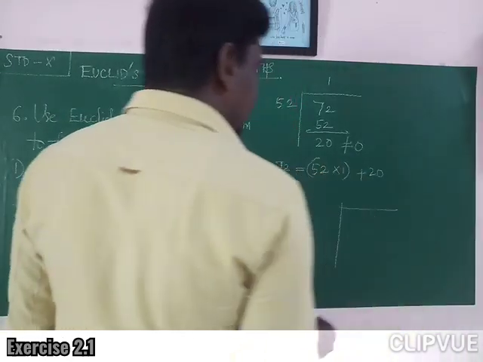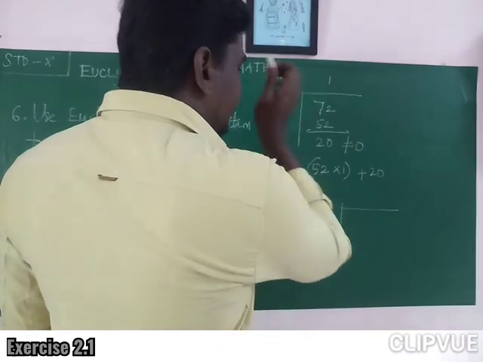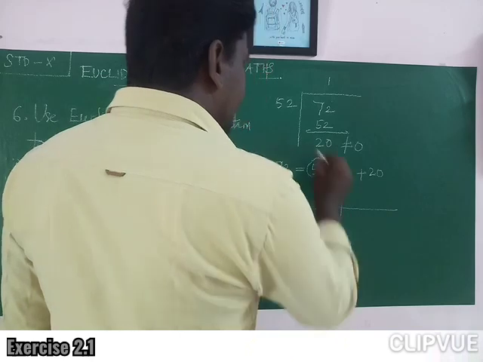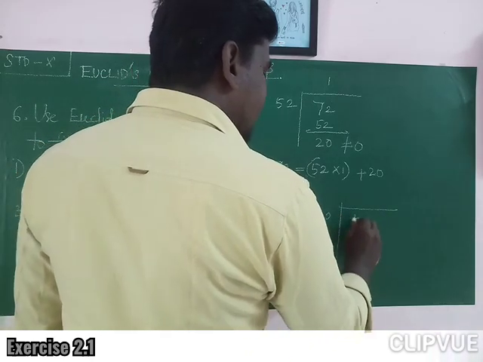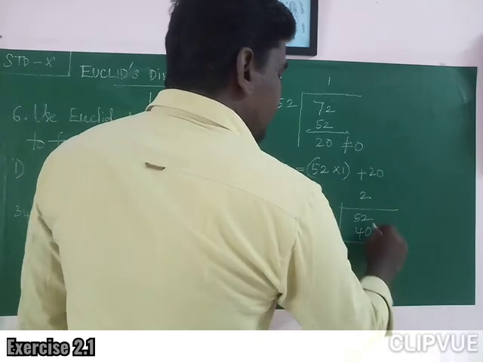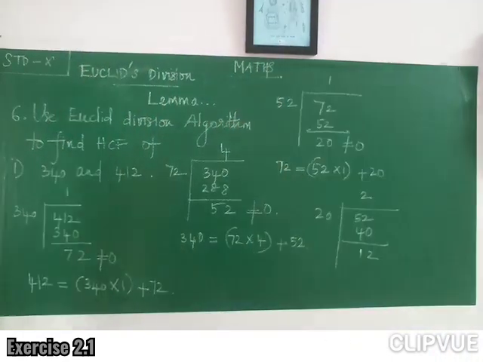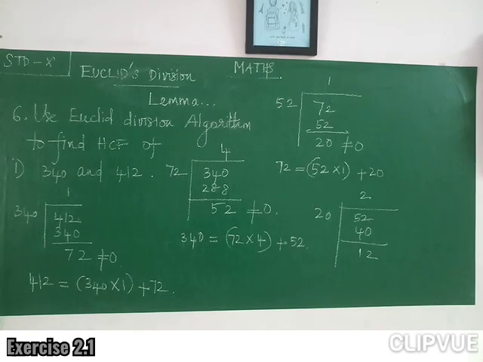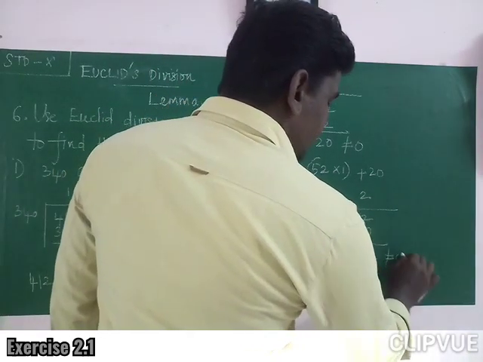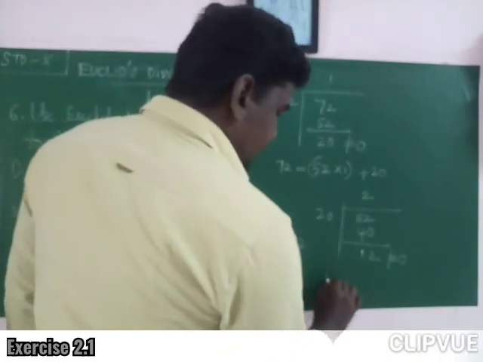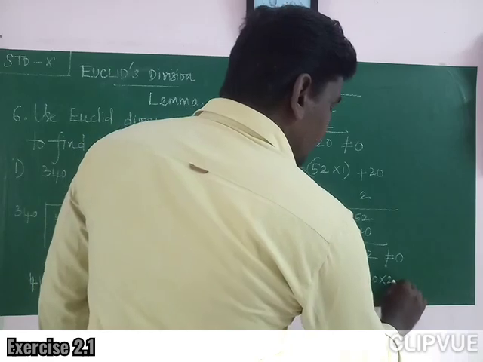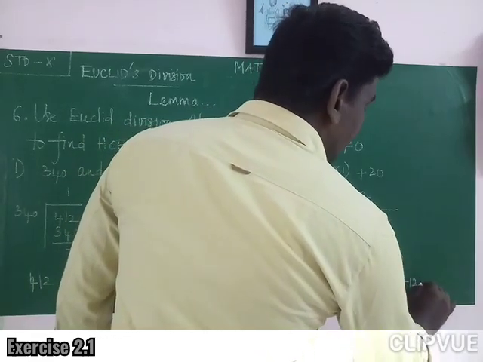Again, the same thing. Here I am going to take this 20 as the divisor and this 52 as the dividend. So 2 times 40, remaining 12. It is not equal to 0. This 52 can be written as 20 into 2 plus 12.